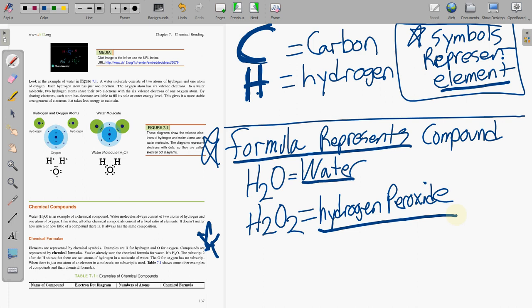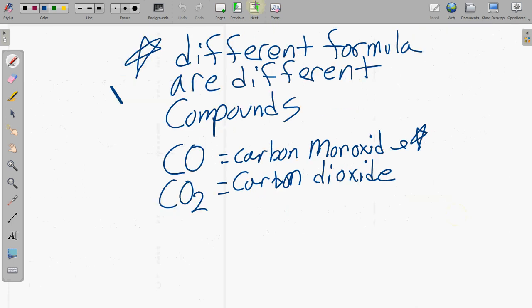At even higher concentrations, it can actually damage your skin and cause chemical burns. It's very corrosive. So water and H2O2 are very definitely not the same thing. So different formulas, different properties. Okay. So different formulas are different compounds.